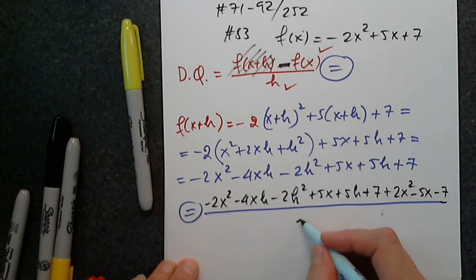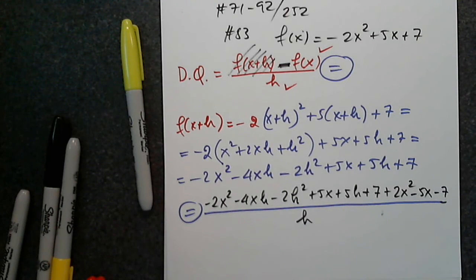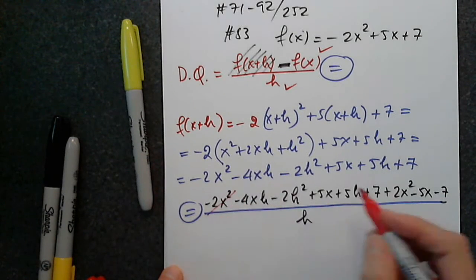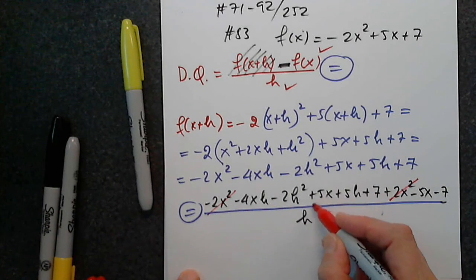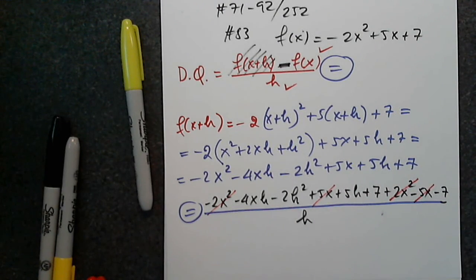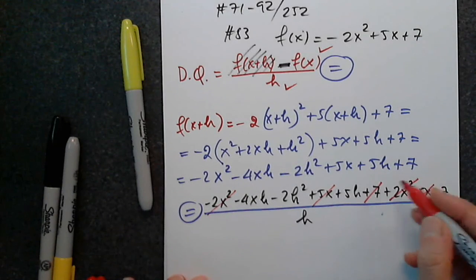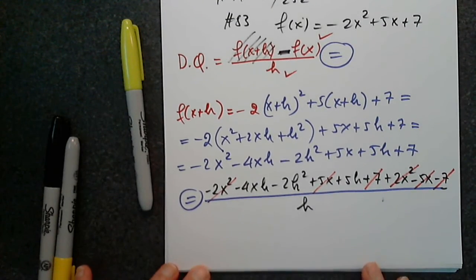Awesome. Divided by h. We know what has to happen. Let's see if we made any error. I see a negative 2x squared with a positive 2x squared. Agreed? I see a positive 5x with a negative 5x. Agreed? And I see a positive 7 with a negative 7.